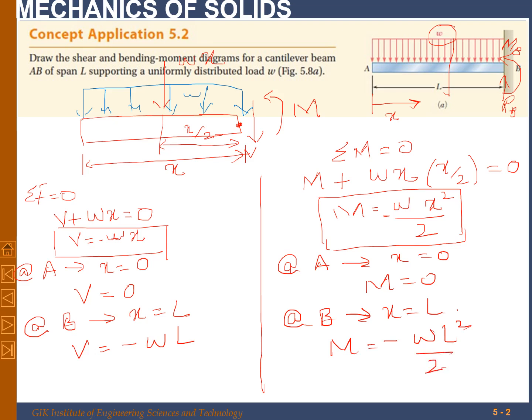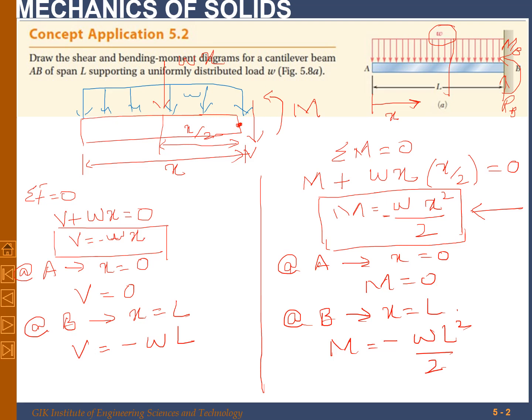This equation of the moment defines the whole span of the beam, and it is a parabolic equation, meaning the bending moment will be 0 at A and maximum at B, and the distribution is parabolic.